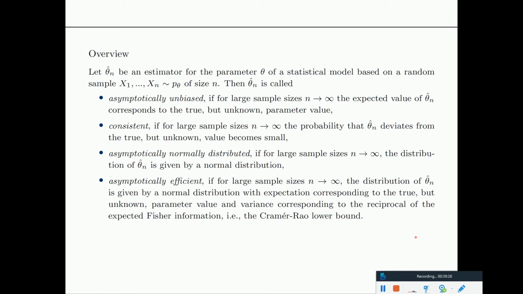And so this overview tries to intuitively link the notions of convergence in probability and convergence in distribution that underlie consistency and asymptotic normality and efficiency.